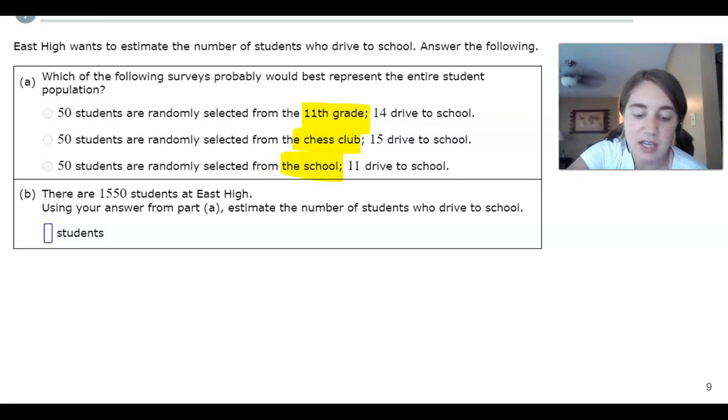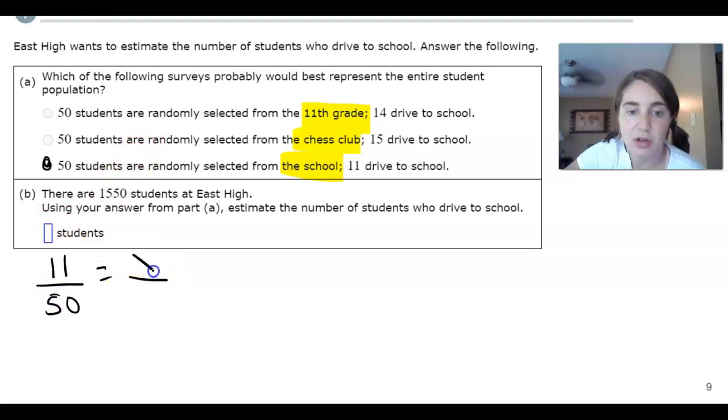The one that's going to have the least amount of bias is just the school in general. So 11 out of those 50 drove. It wants to know how many out of the 1,550 drove.